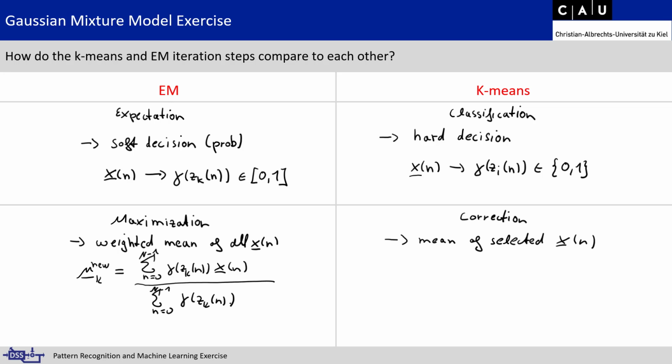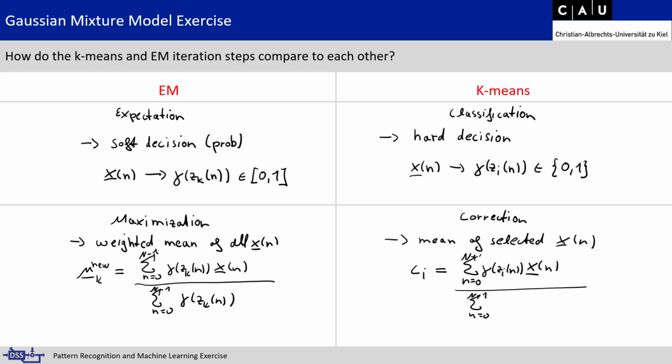And then actually for the k-means algorithm, we can write it down in a very similar way that when we want to update our codebook vector ci, it's actually the same. So the sum over all feature vectors, but weighted with our gamma and then normalized to the sum of all gammas.